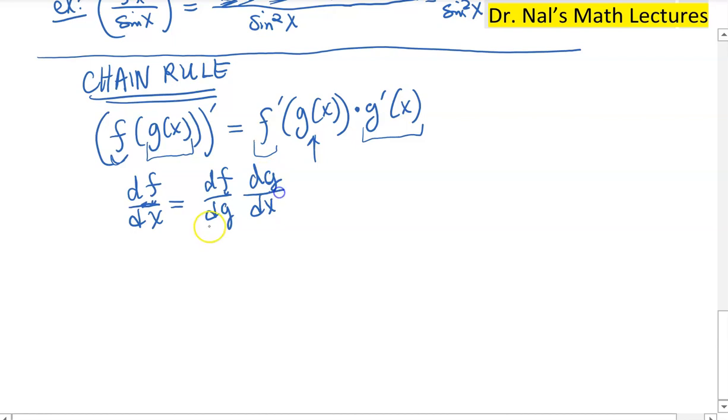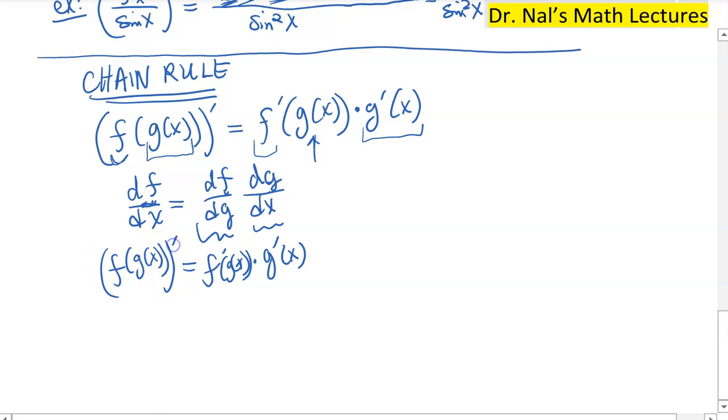That's what it is. So here, this part is the f prime part. This one is the g prime part. We are multiplying them. This one is g prime of x. This one is f prime of g of x. I hope that's clear. And this is the overall function, right? F of g of x. We are taking the derivative of this thing. All right, so that would be the chain rule.